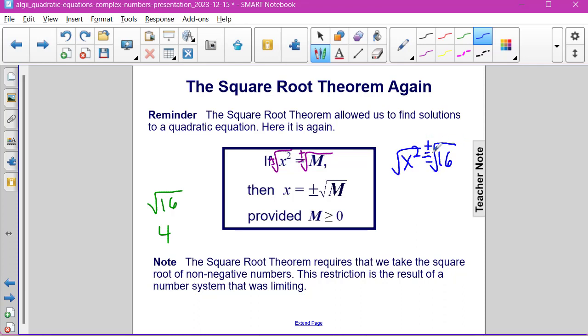When you have to square root both sides of an equation, that's when you consider the plus or minus 4. When you are simply evaluating square roots, you have to look at the sign that's in front of the square root and use the given sign when evaluating.